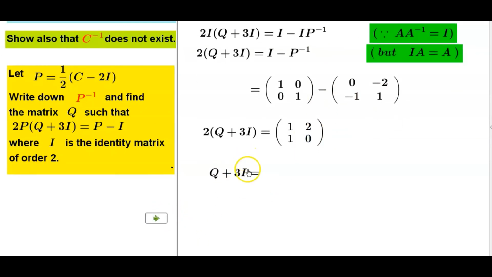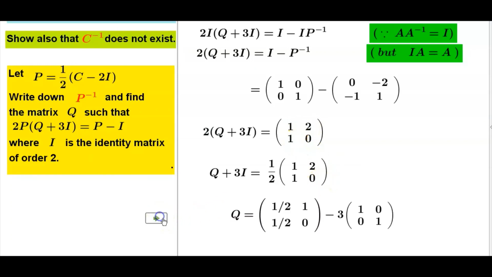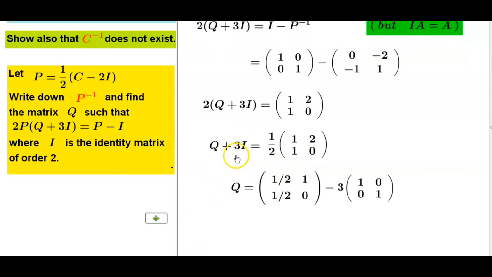Therefore, Q plus 3I is equal to half into 1, 2, 1, 0, where the 2 comes here as half. Therefore, Q is equal to this minus 3I, subtracting it from this side.